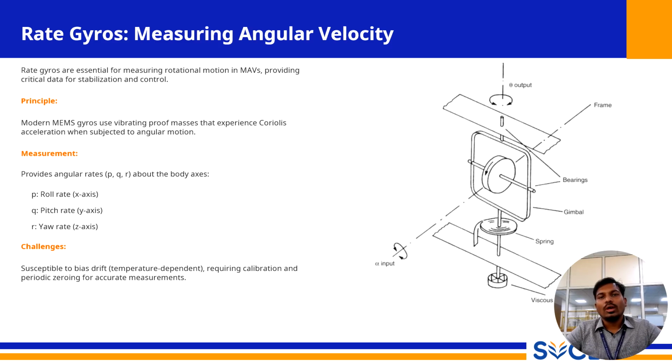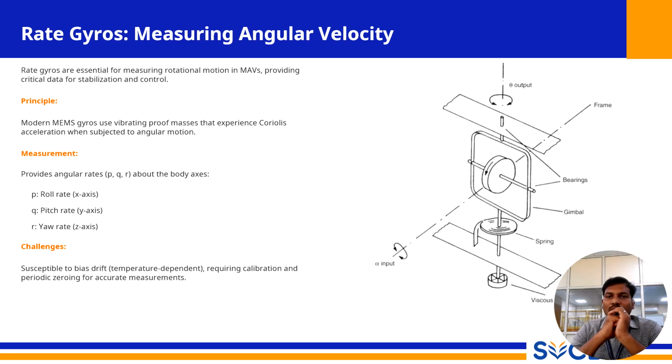The specific measurements provided by this sensor are the drone's angular rates about its own body axes. This provides angular rates P, Q, R about the body axes. These three values correspond directly to the rotational velocities we defined in our kinematic model.